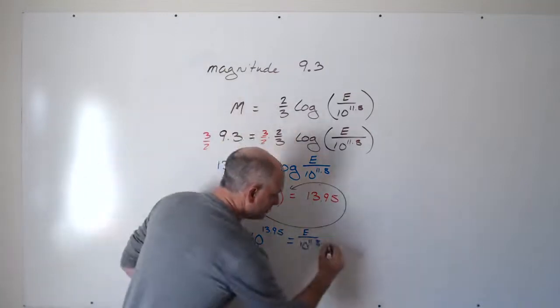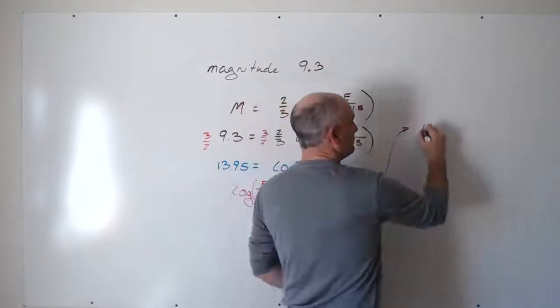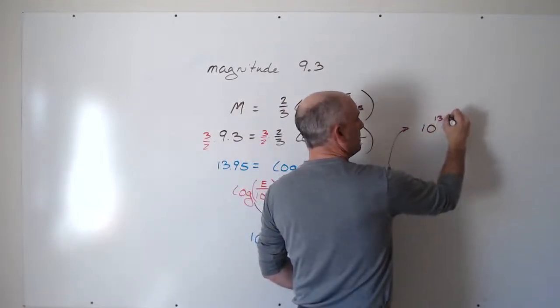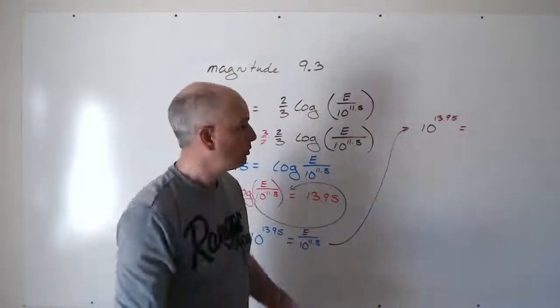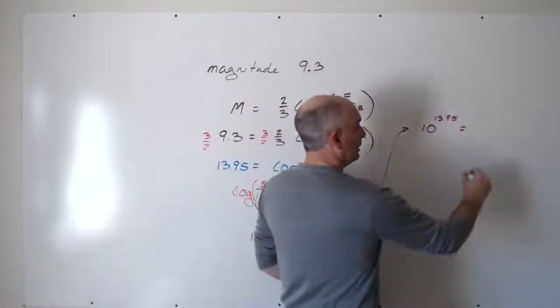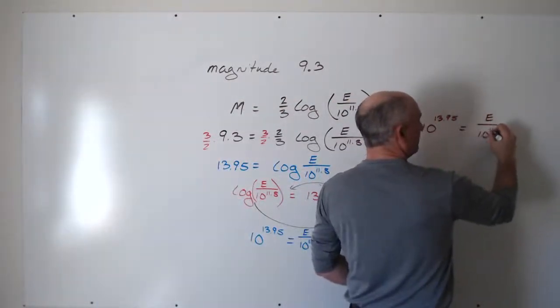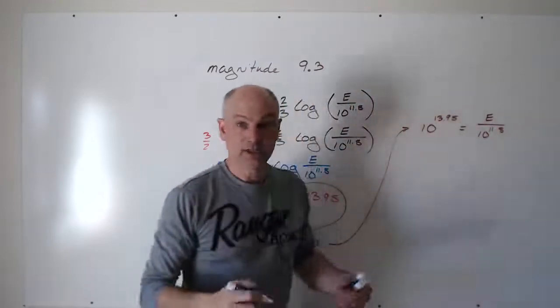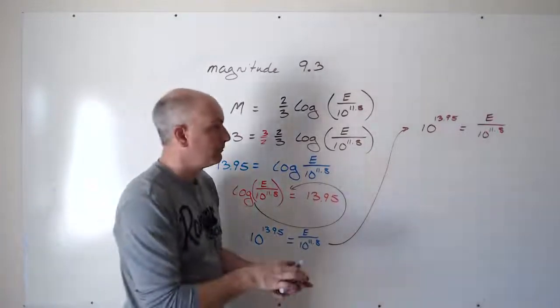So I'm going to move this over here so I got a little more room. So I now have 10 to the 13.95 power, which is massive already. We're talking almost 14 zeros behind a 1. And we're saying it's equal to e divided by 10 to the 11.8. A situation there where I have almost 12 zeros behind a 1.